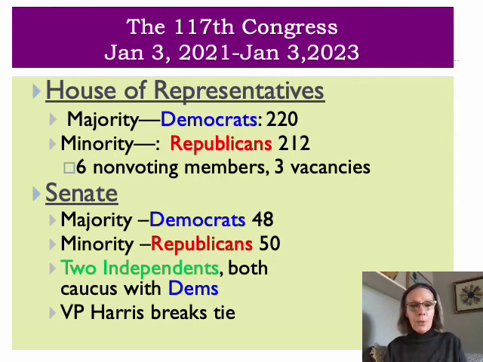Now, this is likely to change, potentially drastically, in the upcoming midterm elections. Usually what happens at the midterm elections is whichever party is in power tends to lose seats. So it's very likely that the Republicans might take over both the House and the Senate.